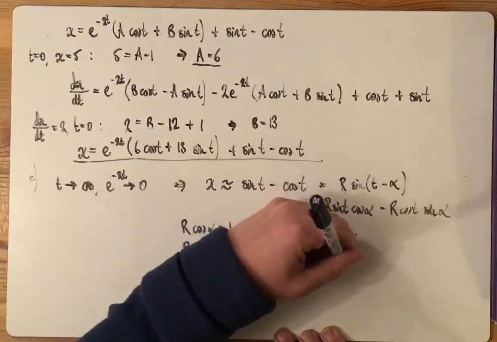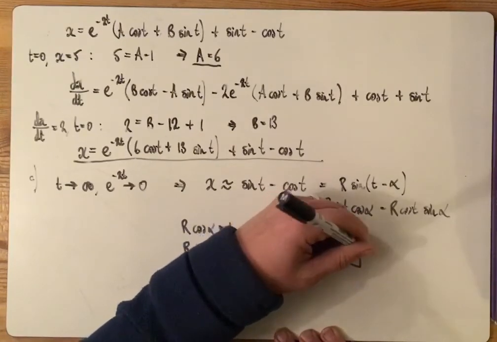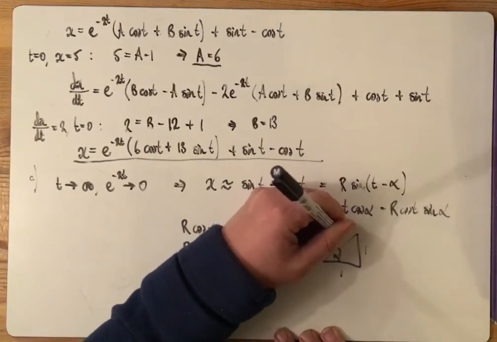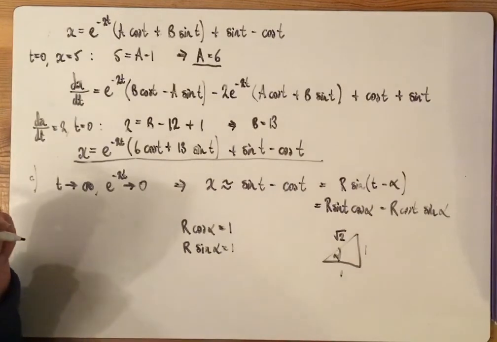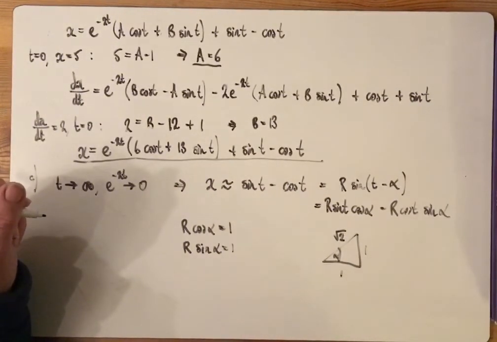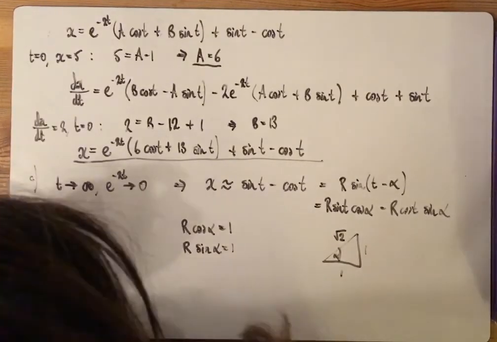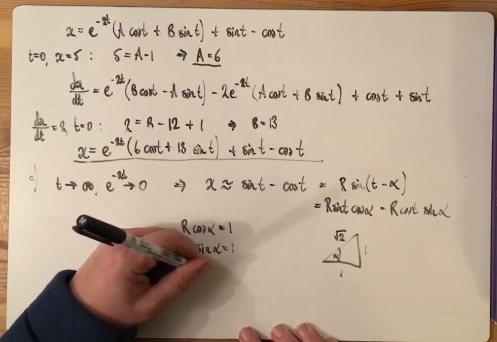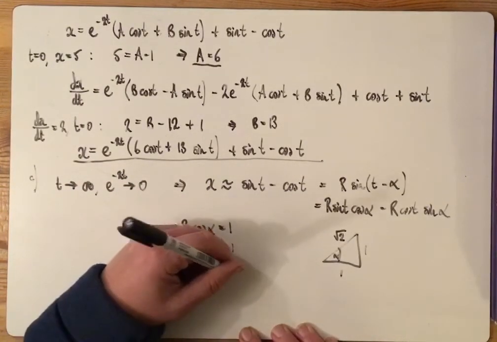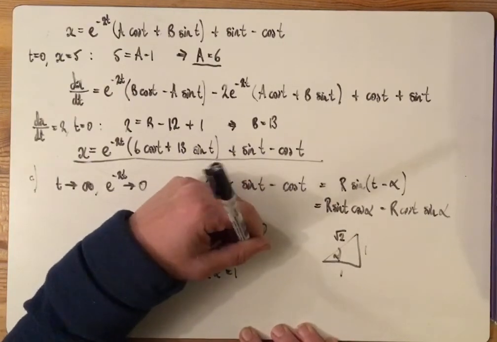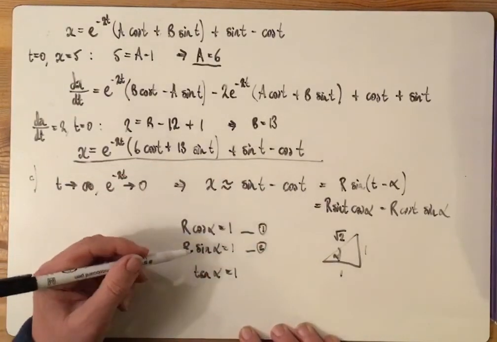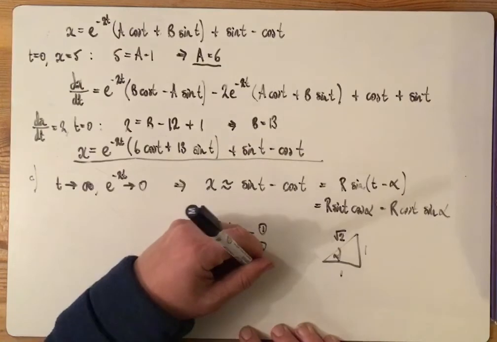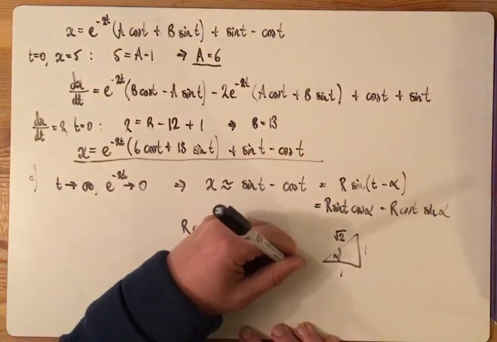Right angle triangles, so this should all feel hopefully quite routine. Root 2 on the hypotenuse. If I divide one by the other, you get tan alpha equals 1. So that's just dividing those.